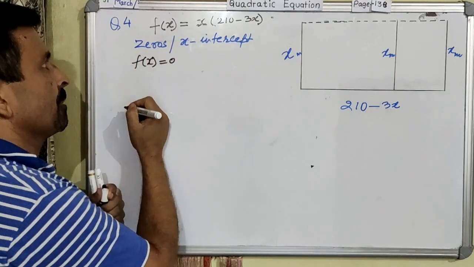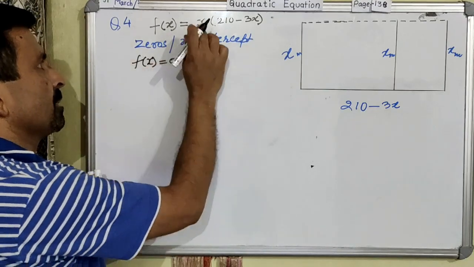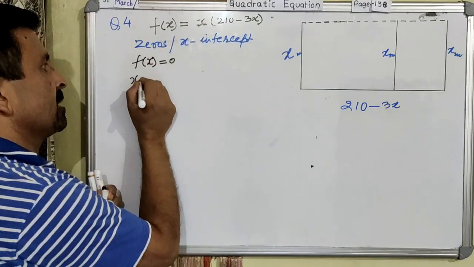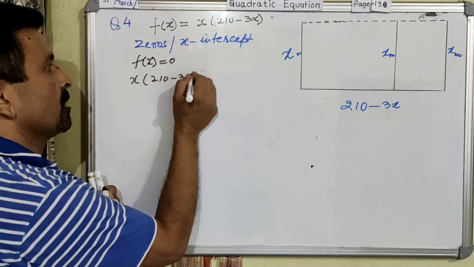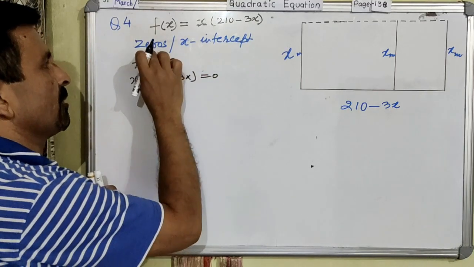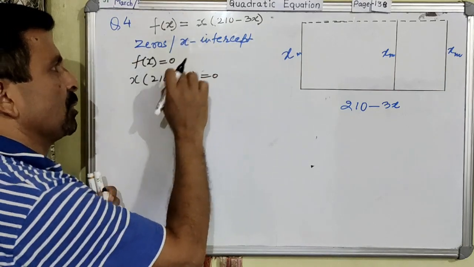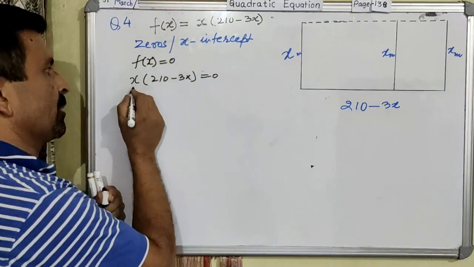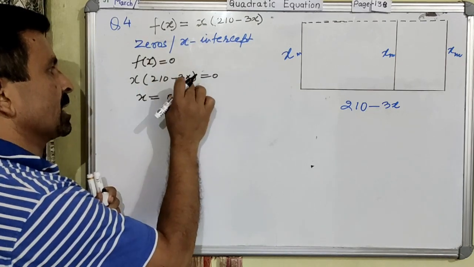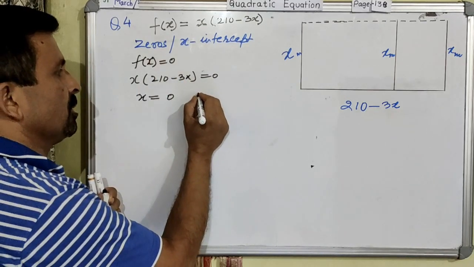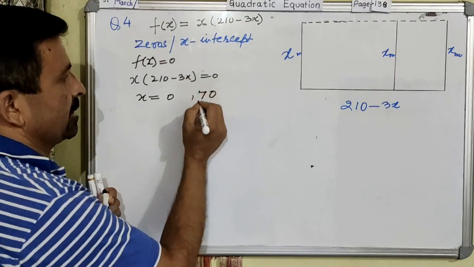Please don't forget. Now the right hand side, x into (210 minus 3x) is equal to 0. When you calculate the zeros or the x-intercepts, you get two values. One value you get from this part, so one answer will be x is equal to 0. Another answer you will get from here, which will be equal to 70.